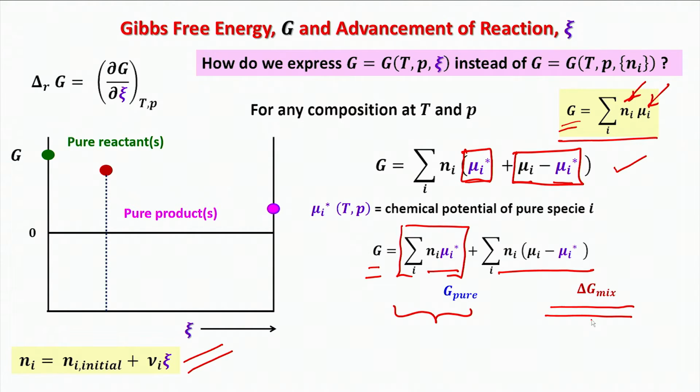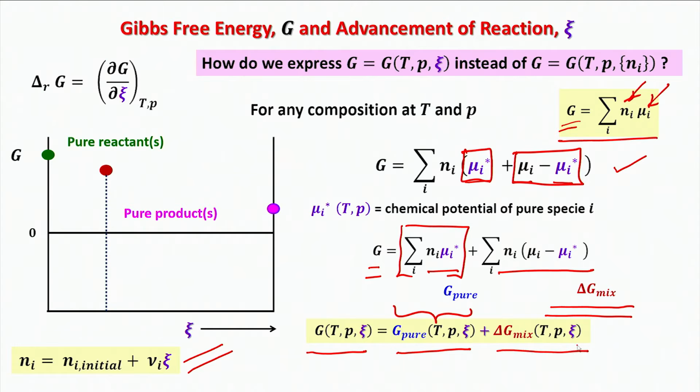I'm going to take this discussion a little further. I'm going to say that in this case, G(T, P, xi) is nothing but G pure (T, P, xi) plus delta G mixing (T, P, xi). So where did the dependence on xi come in? That is simply because the Ni that appear in these expressions are dependent on xi.